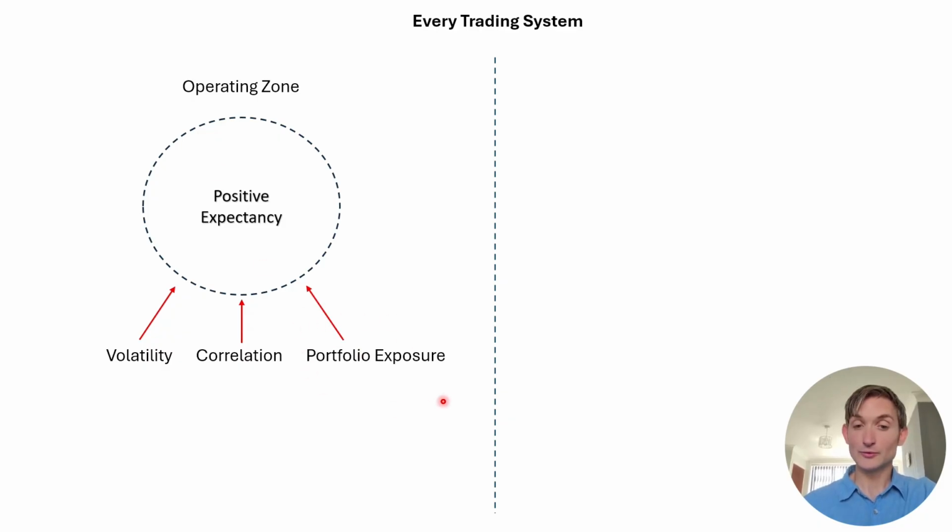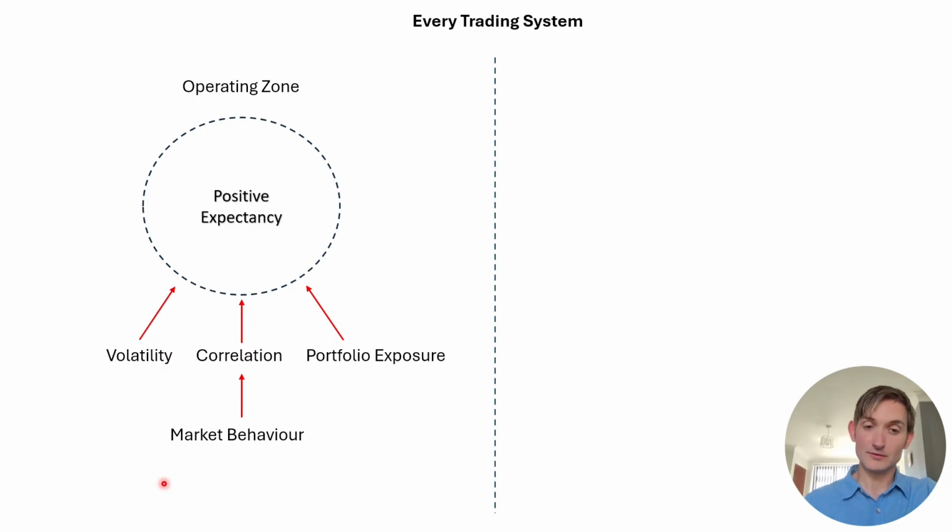As exposure starts to become more concentrated, individual positions start to have greater influence on the portfolio performance. And as the market behavior evolves, the original conditions start to become less reliable.